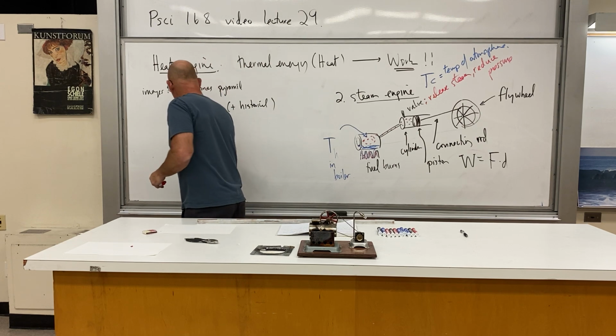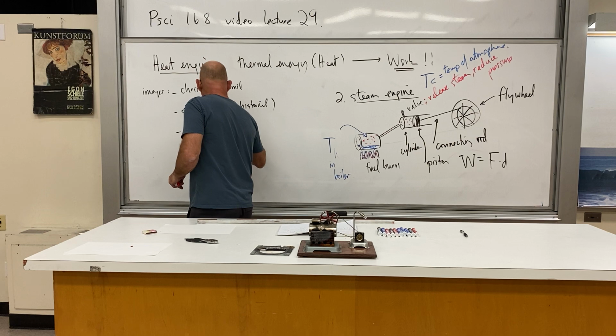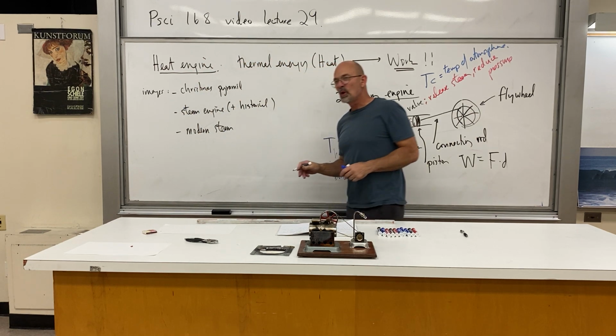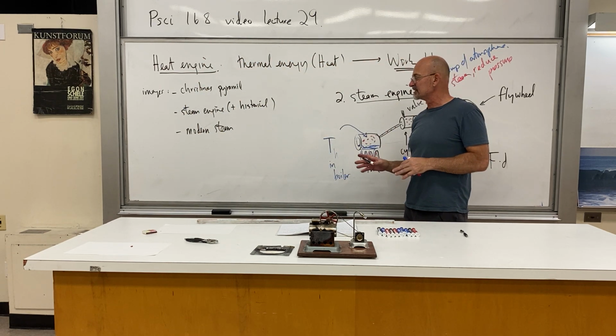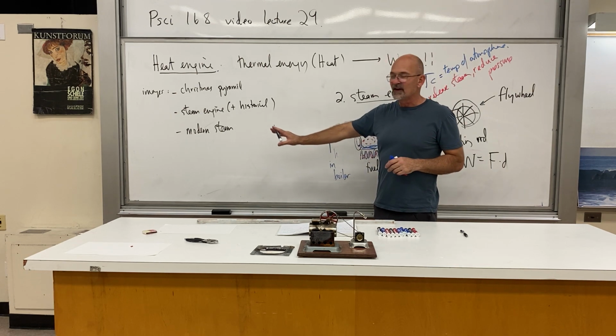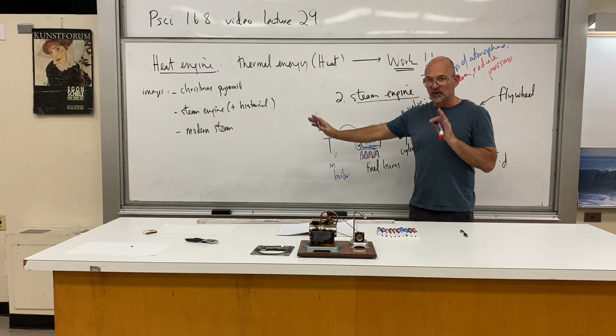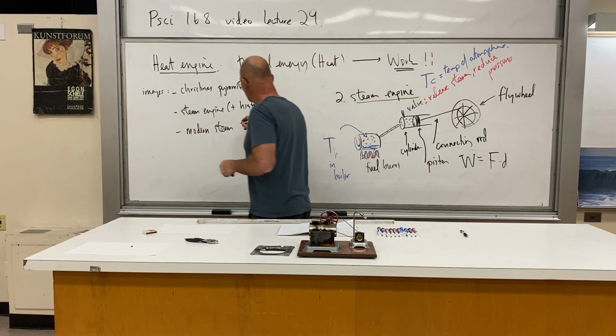And then modern steam turbines. Now, generally I show a whole bunch of pictures of these things and kind of explain them one by one, but you guys are gonna look these things up, and by referring back to what we're doing and what's to come, you will understand them. So modern steam turbines.